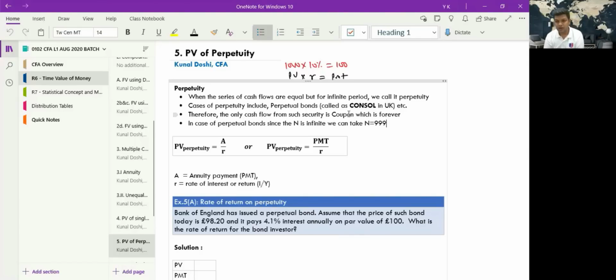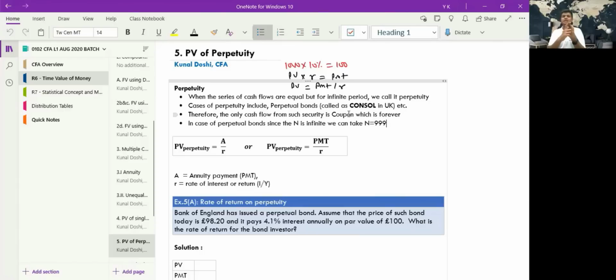Clear? So if you have present value, if you have returns, then you can find the annuity amount. Or if you have the annuity amount, guys, that is PMT, and if you divide that by the rate of return, what you will get is the present value. It's one or the other way, correct?